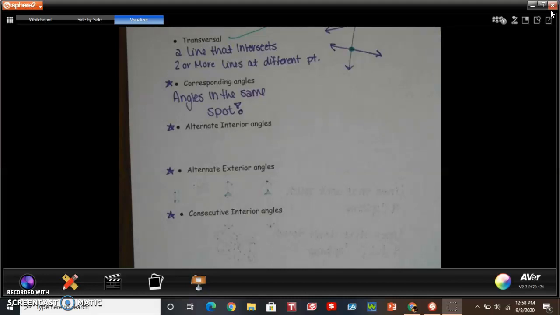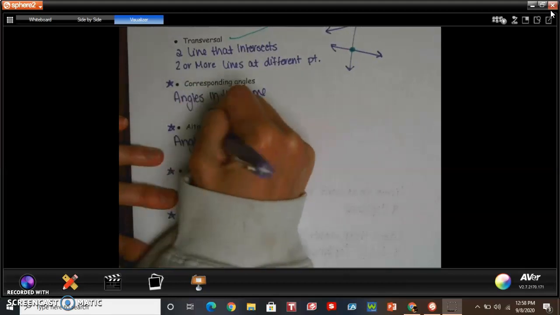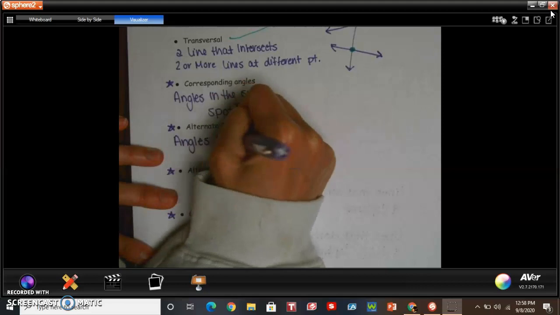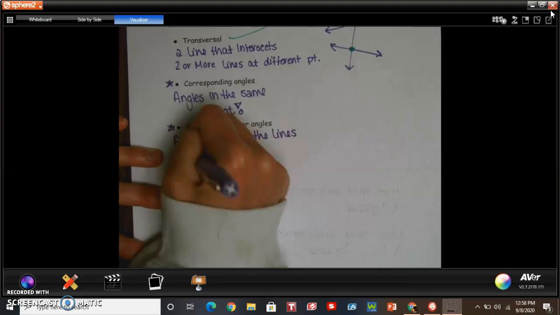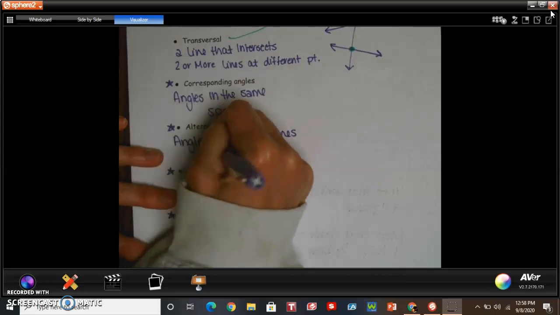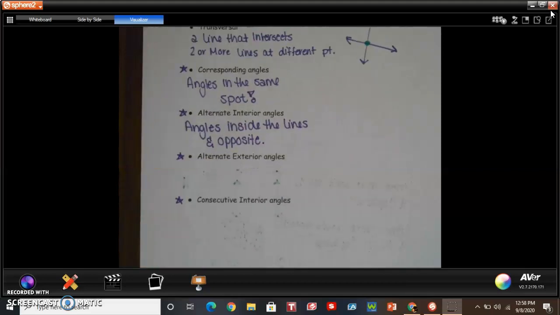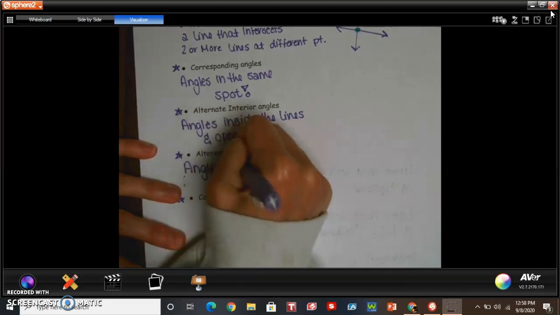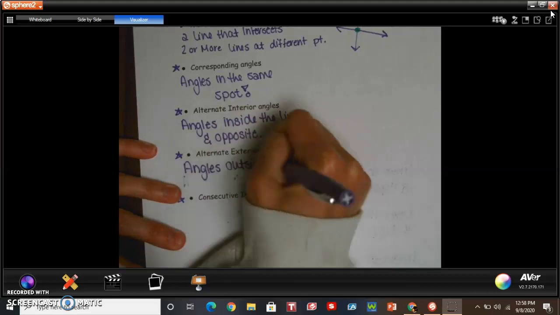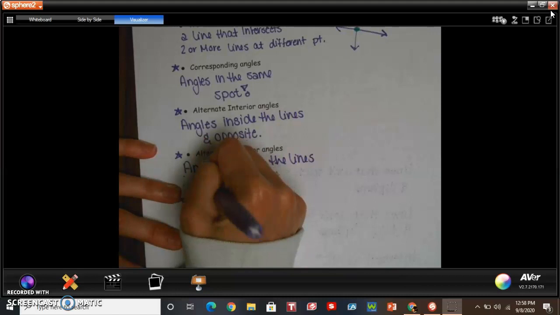Alternate interior angles. These are angles inside the lines and opposite. Okay? Alternate exterior angles. These are angles outside the lines and opposite.